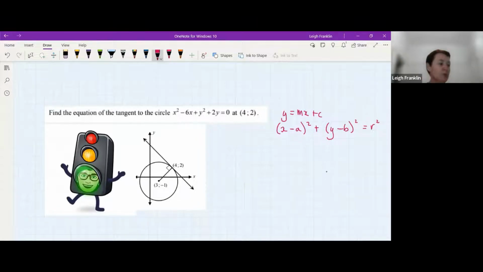When you're done, you can just pop the word done or a smiley face or a thumbs up into the chat, please. Cool, Cassandra, well done.